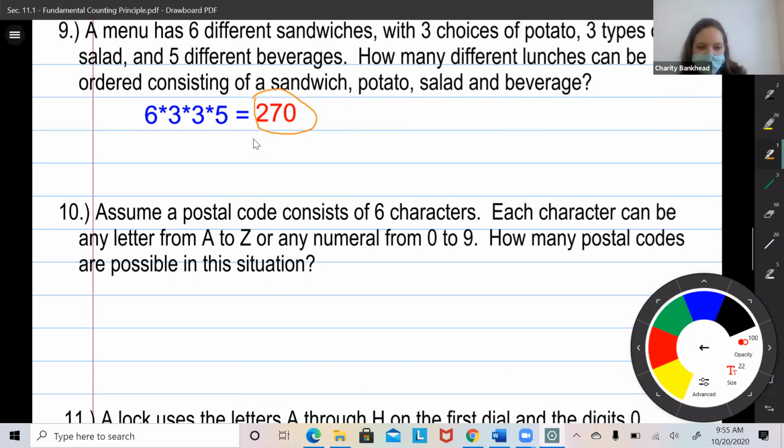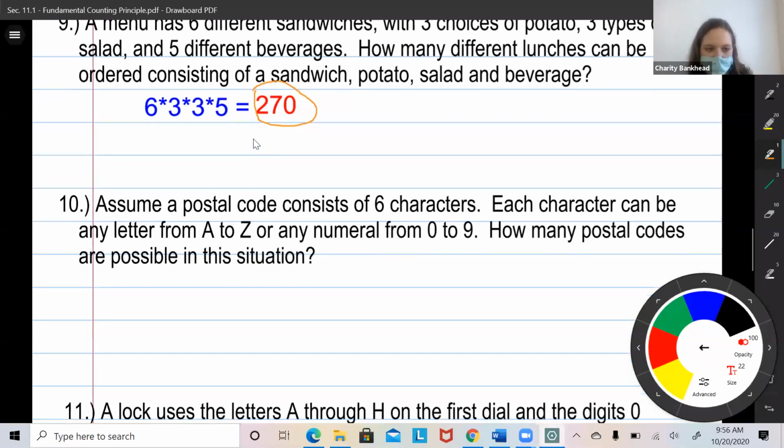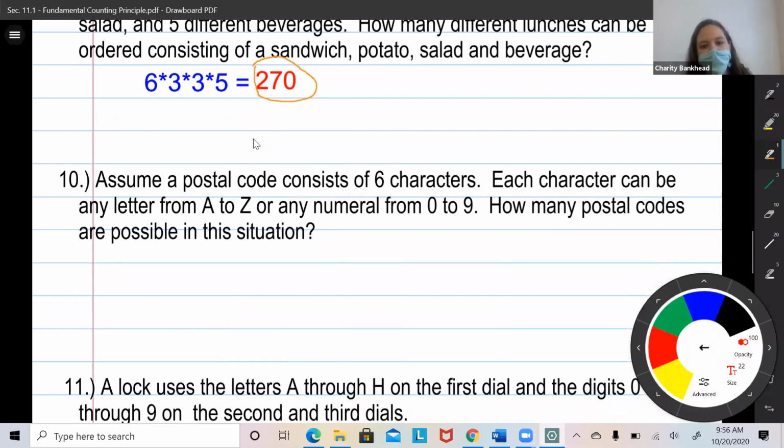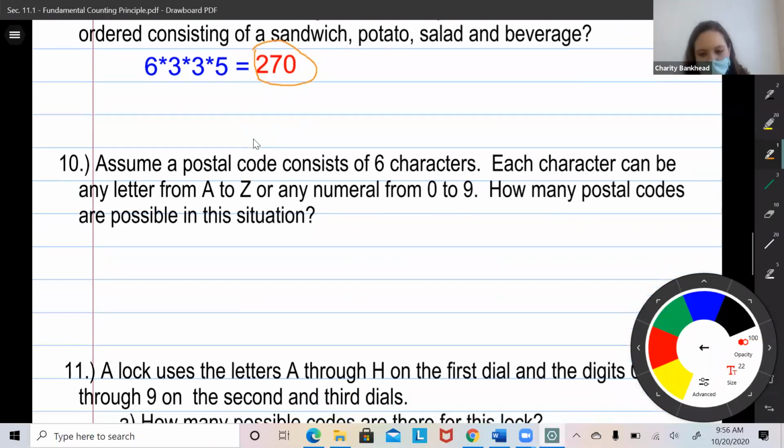Number 10 says, assume a postal code consists of 6 characters. Each character can be any letter from A to Z or any numeral from 0 to 9. How many postal codes are possible in this situation? Okay, so how many total choices do you have for each character? 36, because you have 26 letters and then there's 10 numerals.